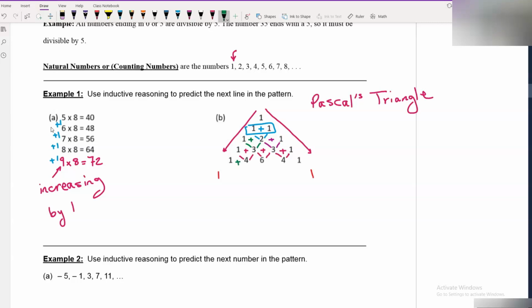So 1 plus 4 is 5. 4 plus 6 is 10. 6 plus 4 is 10. 4 plus 1 is 5. So this is our answer for this part.